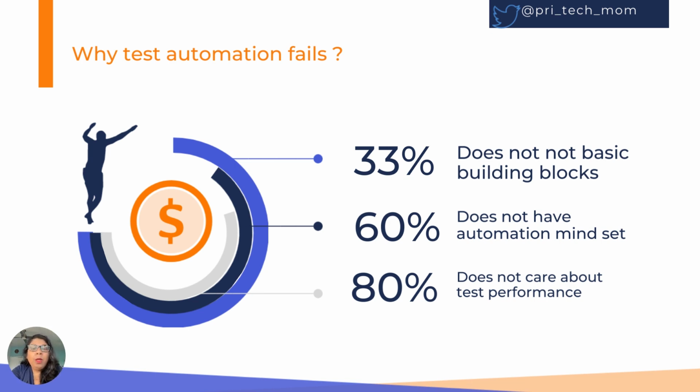When people move from the manual mindset to automation, their test automation usually fails because 33% of them do not understand the basic building blocks. What they do is they just pick up one tool like Selenium, Playwright, or Cypress, and go through courses that just tell you how that tool works, but they do not have any information on how to write a good test, and that should be agnostic of any tool, right? There are some basics that we're going to learn today.